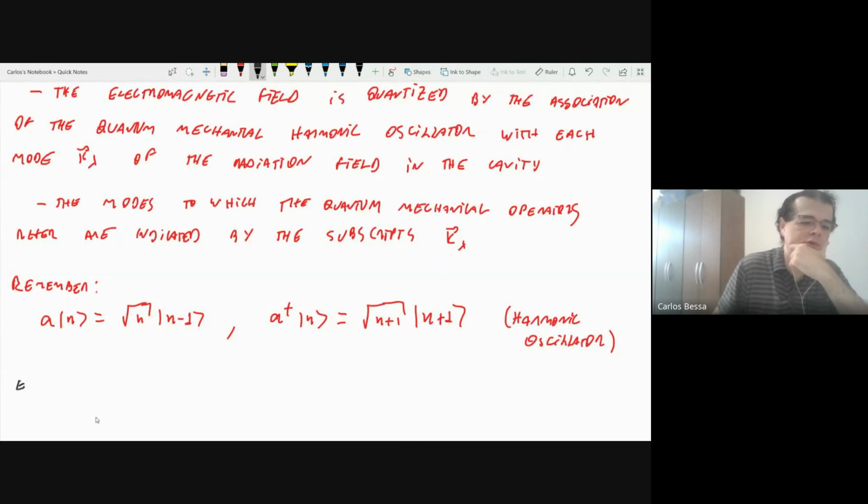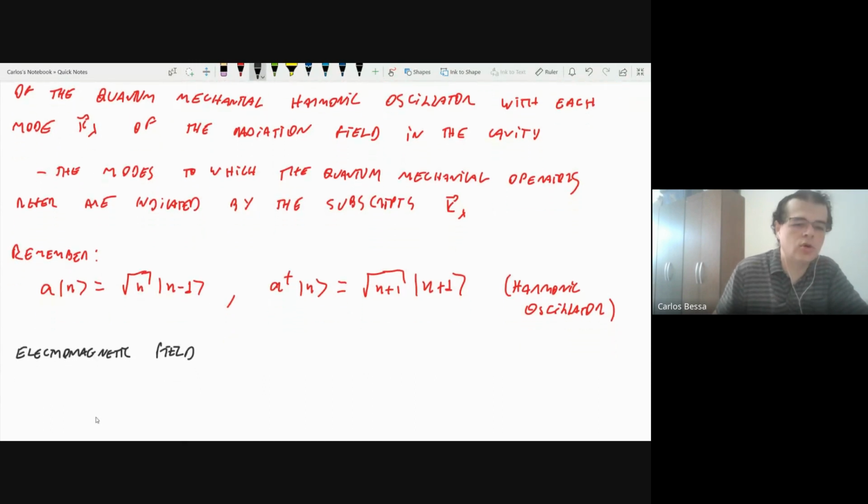For the electromagnetic field, each mode will have a similar description.